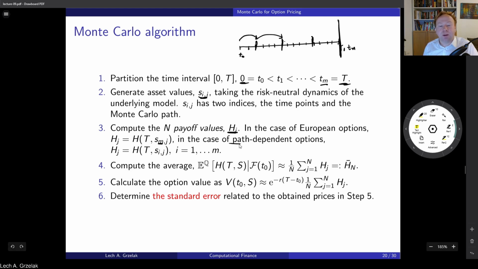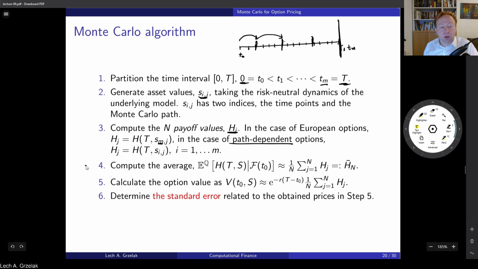If we have a path-dependent payoff, so a payoff which involves intermediate payments, or where we observe how the path behaves in time, then you see that we no longer have m, we have the whole index. So we need to observe how the path behaves in time. Whether we have a path-dependent or a European type of payoff, we can go further in the next steps.